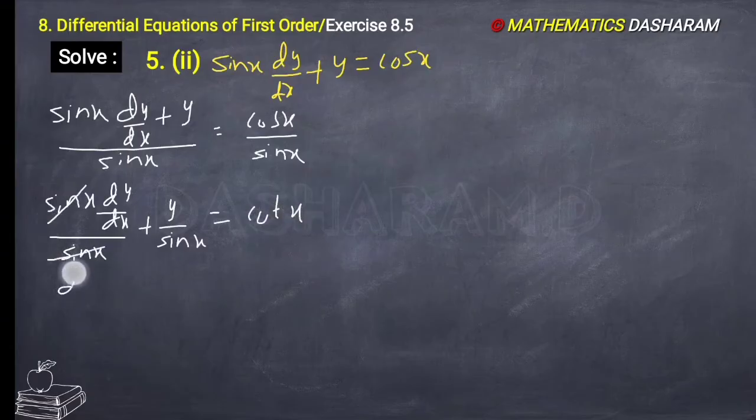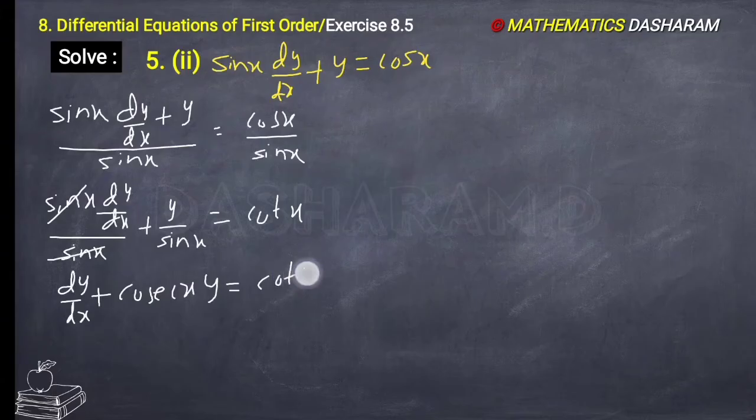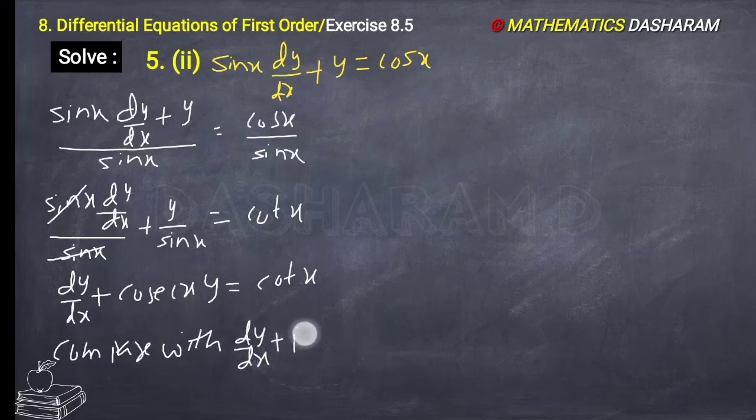Here sin x cancels, dy by dx plus 1 by sin x, which is cosec x, into y equals cot x. Now compare with the standard form, dy by dx plus p into y equals q.